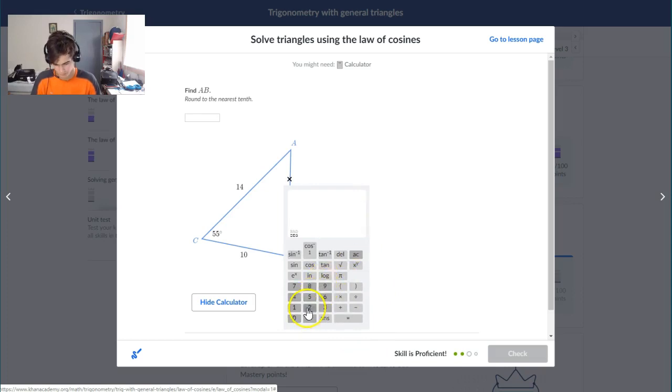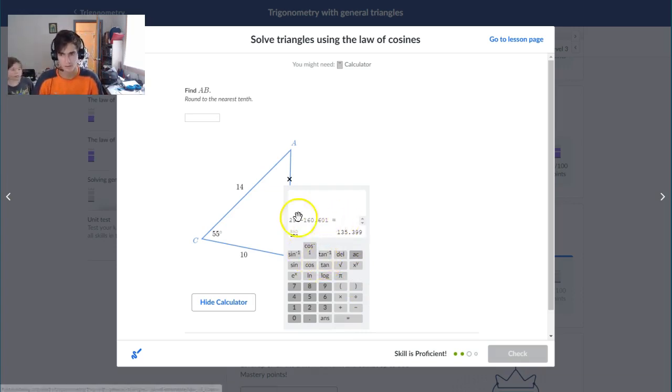Okay, so we have 296 minus 160.601, which equals 135.399. So now we are going to just find the square root of this, and we have the answer.